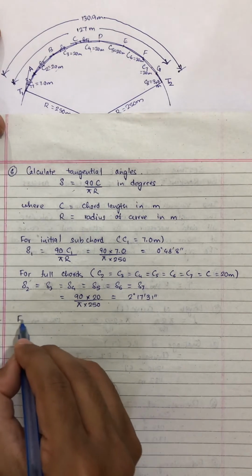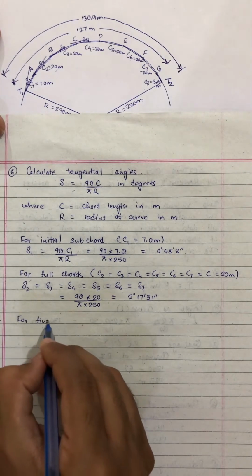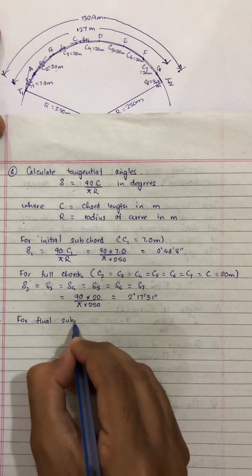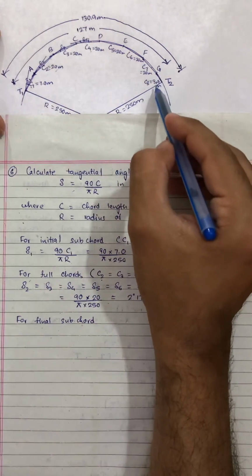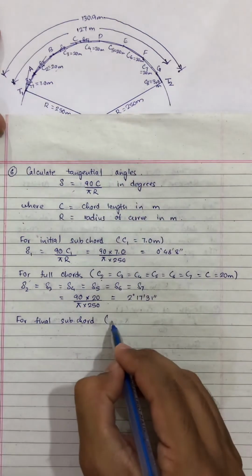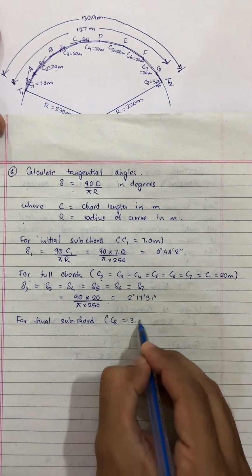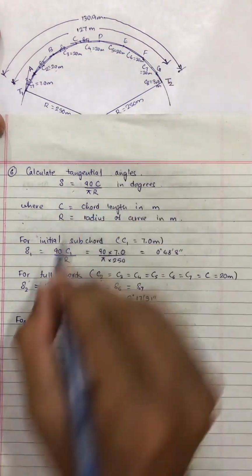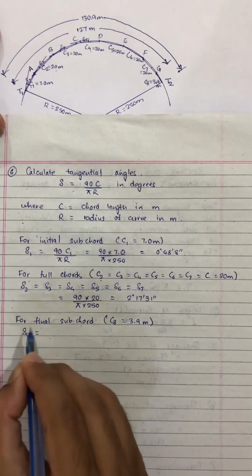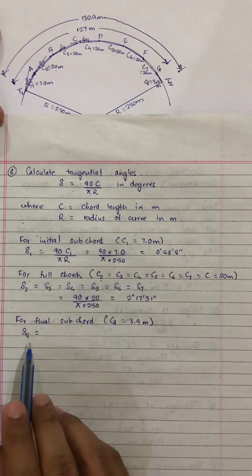And for the final subchord, the value C8 is equal to 3.9 meters. The tangential angle for the final subchord will be del 8.